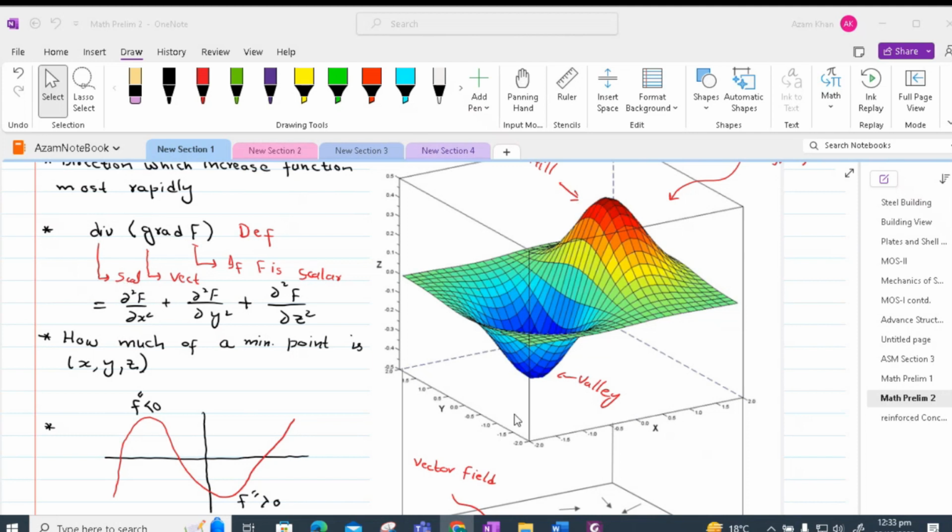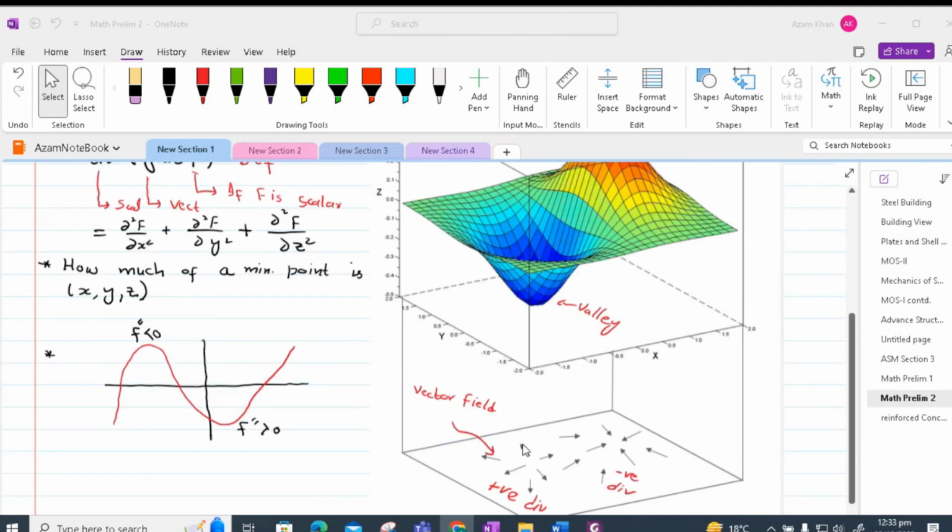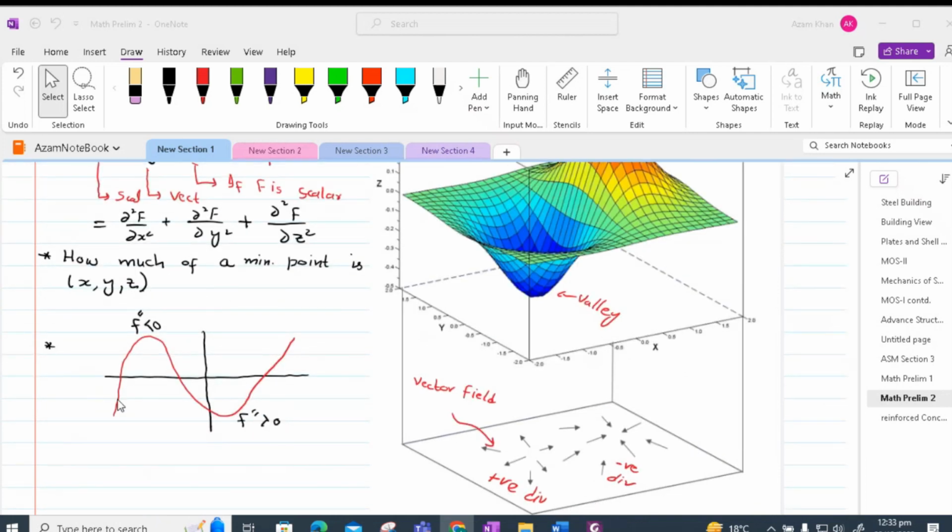Thus, we can say that Laplacian tells us how much of a minimum point is x, y, z, or it tells us where the minima is. This is analogous to a single variable function where the double derivative of a function is less than 0 at a peak and greater than 0 at a valley.